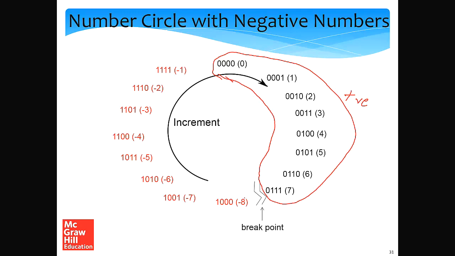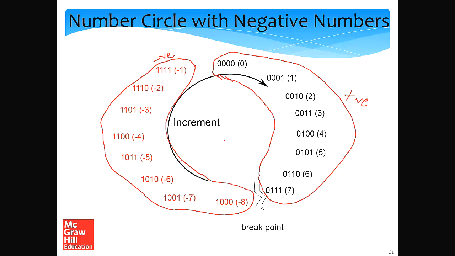Let me call this minus 8, and then minus 7, minus 6, minus 1, and so on. The red ones over here are my set of negative numbers. Note that there is no discontinuity at this point. You have minus 1 here and 0 here, but there is a point of discontinuity over here that we call the breakpoint.